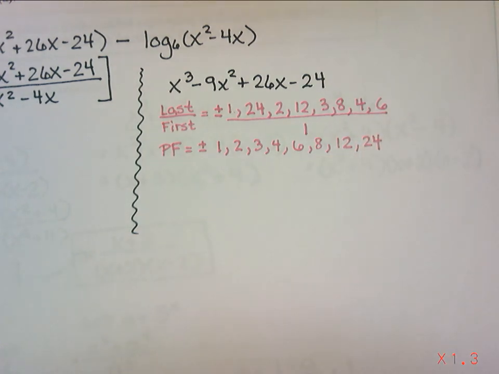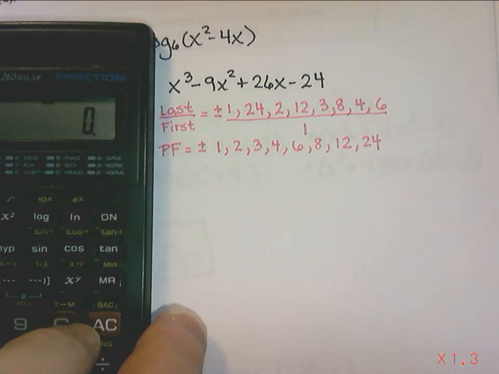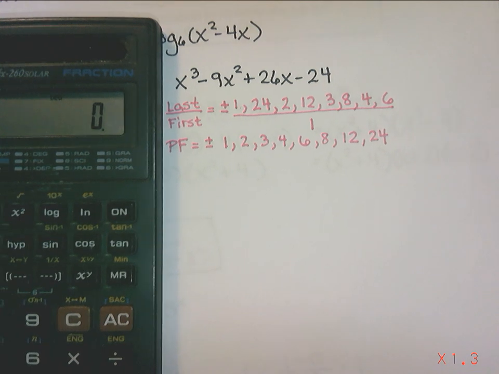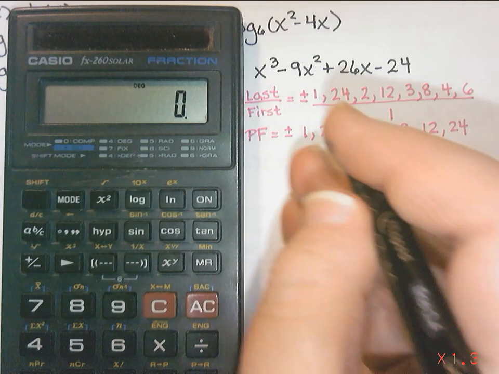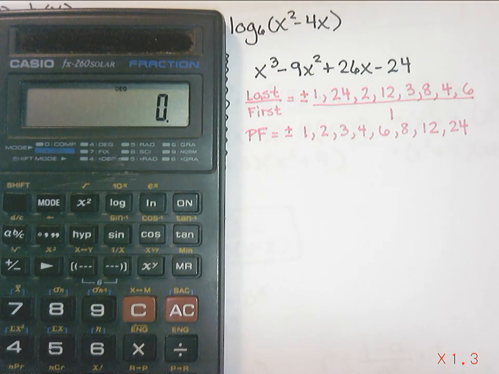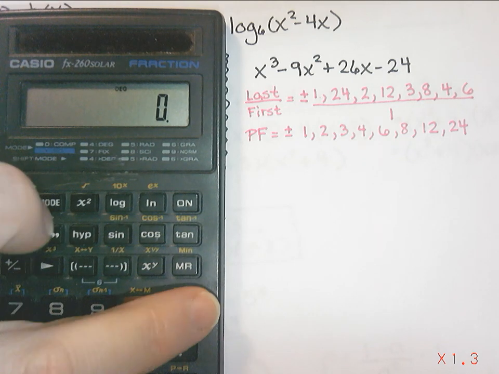There we go. So what we need to do is find ourselves a number that when I sub it in gives me a 0 as the remainder, right? So we're using a combination of remainder theorem and factor theorem. Remainder theorem is how I am calculating the remainder by subbing the number in, and then factor theorem is that I know that if the remainder is 0, it's a factor.